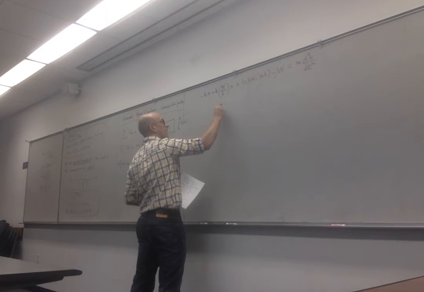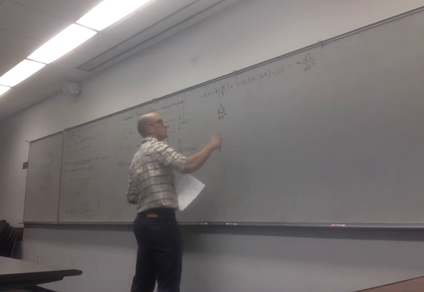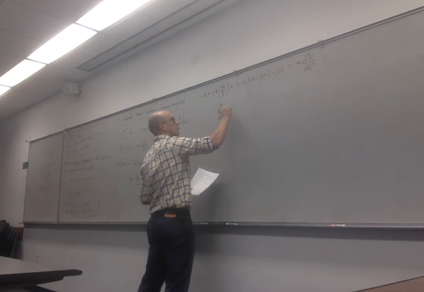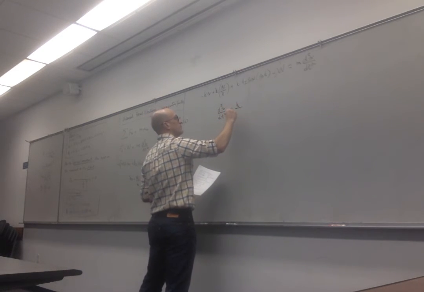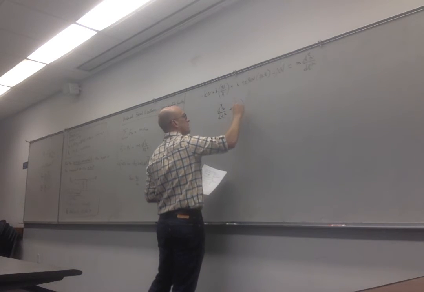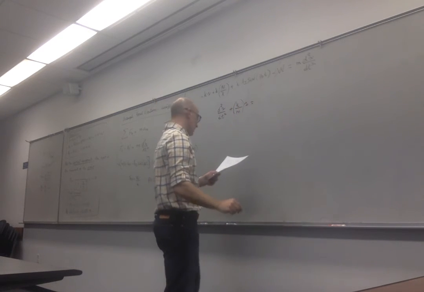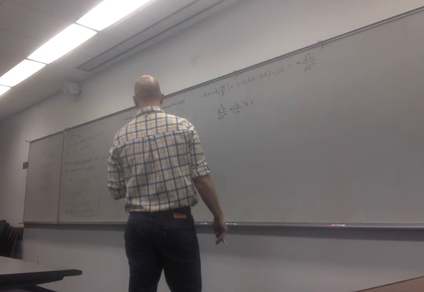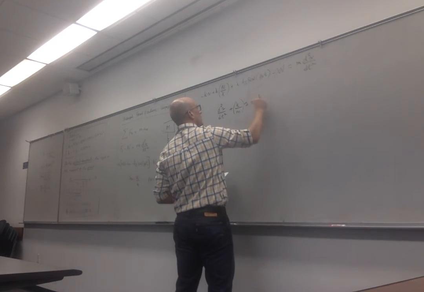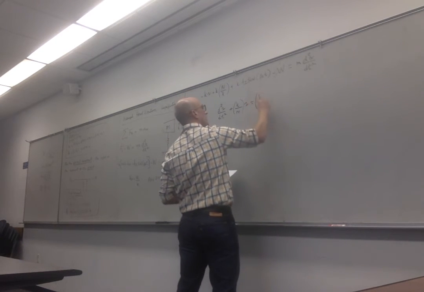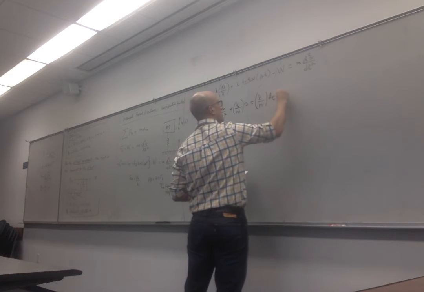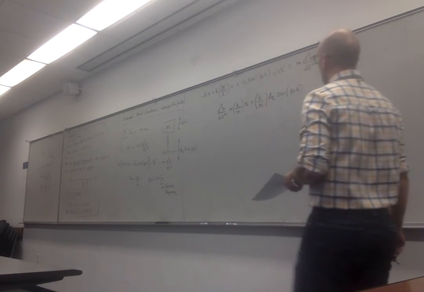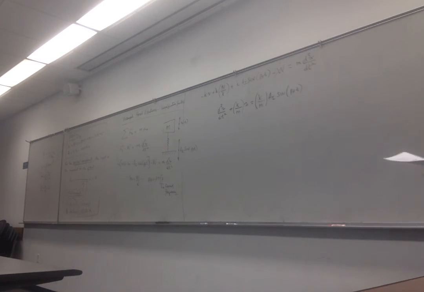We can write d squared x dt squared, we divide by the mass, that will be equal plus k over m times x, that will be equal to k over m a sub I sine p sub f t.